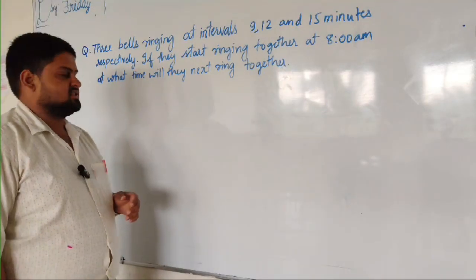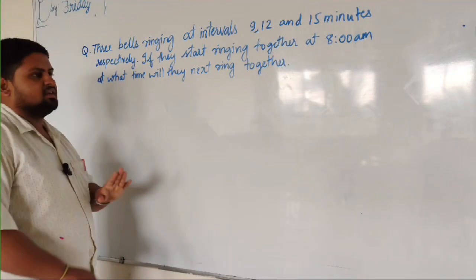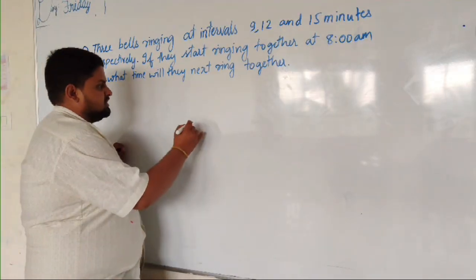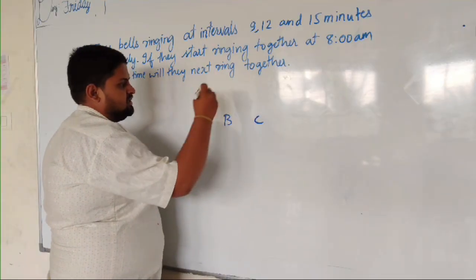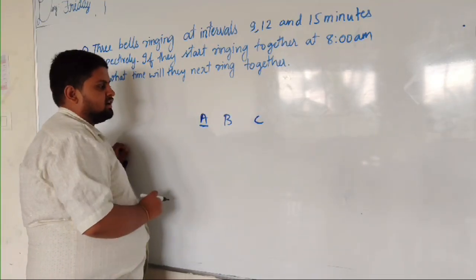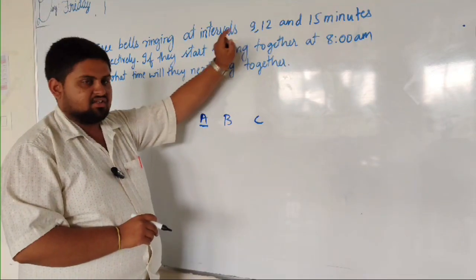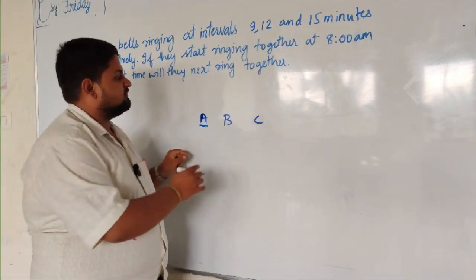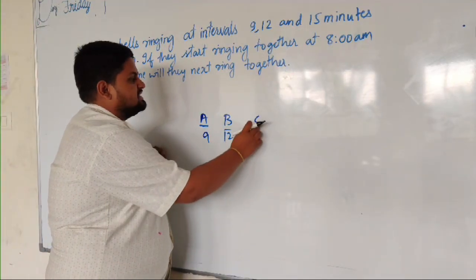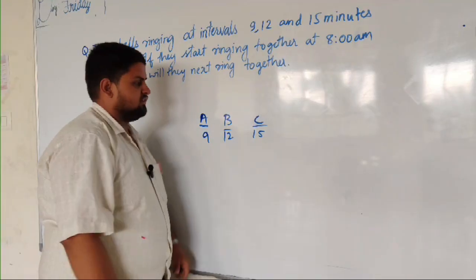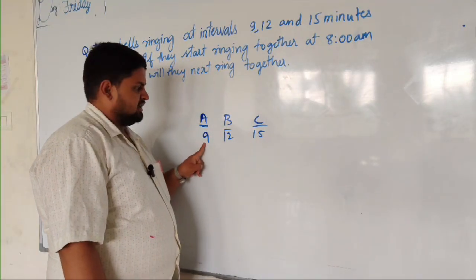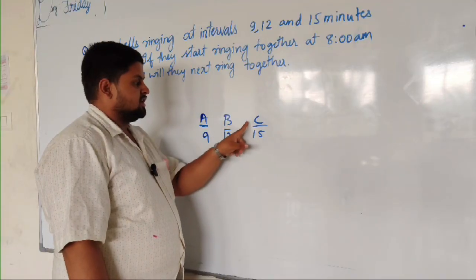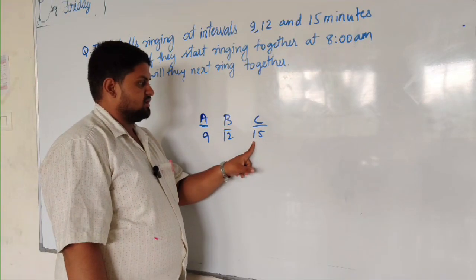Let me explain the question once again. There is one institution where there are 3 different bells: bells A, B and C. Bell A will ring every 9 minutes, bell B will ring every 12 minutes, and bell C will ring every 15 minutes.